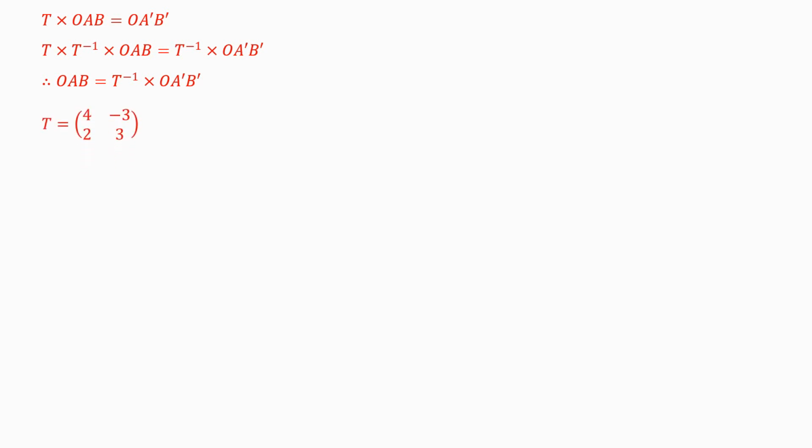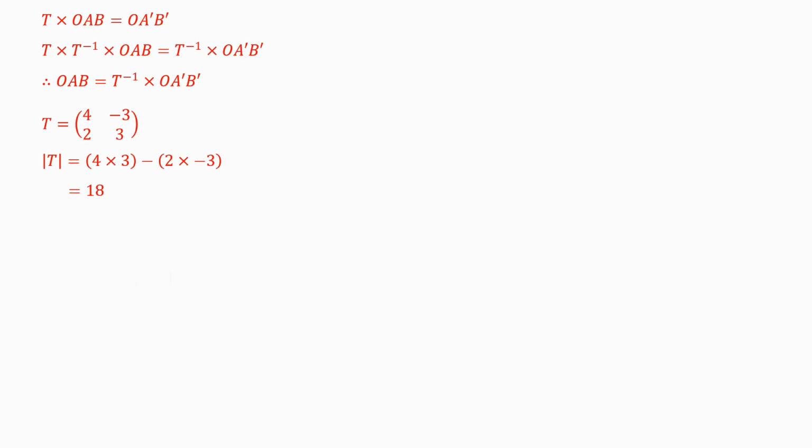Then the transformation matrix T is equal to 4, negative 3, 2, 3. So we need to obtain its inverse, and to do that we first need to obtain the determinant, which is 4 times 3 minus 2 times negative 3, which is equal to 18.